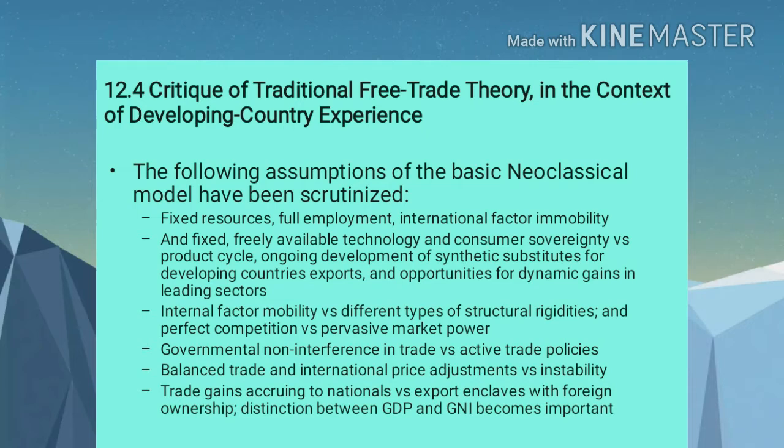And the governmental non-interference in trade versus active trade policies. Second to the last is balanced trade and international price adjustments versus instability. Lastly is trade gains accruing to nationals versus export enclaves with foreign ownership. Distinction between GDP and GNI becomes important.